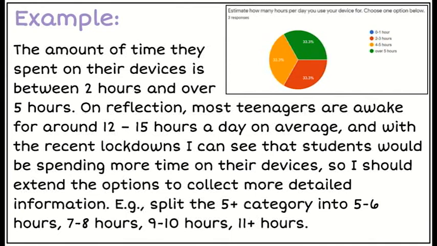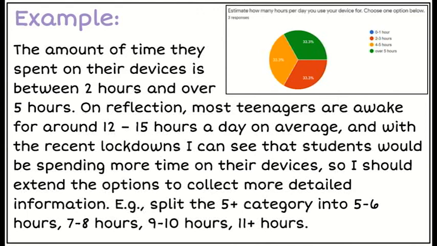If I think about how many hours we're awake for, typically 12 hours a day, I wonder if I need to gather more detailed information, because students might actually be on their devices for a lot longer than I anticipated previously. So that will be one of my reflections, and one of my changes is that I might add some more options here.